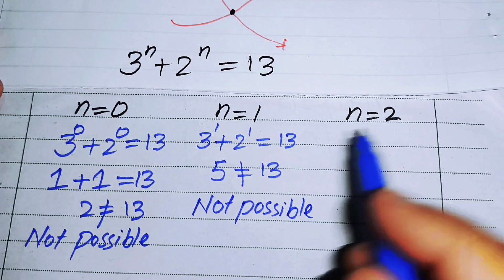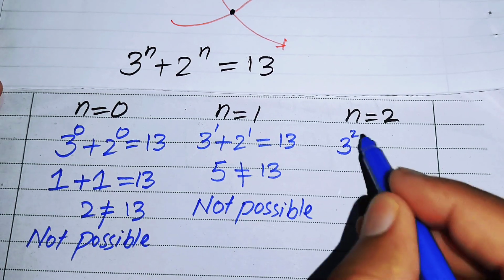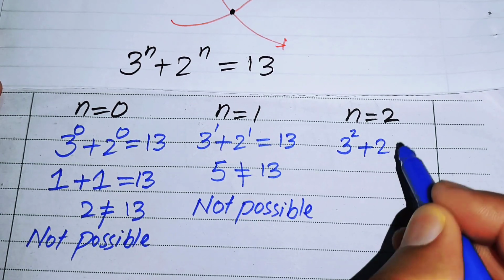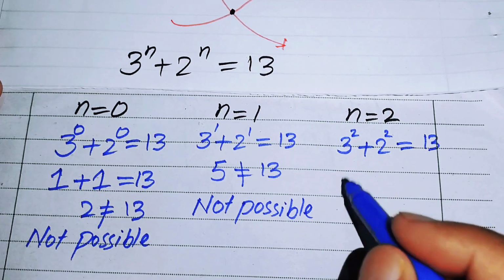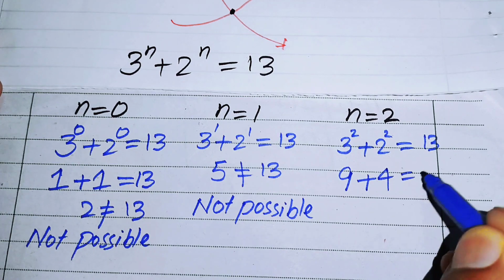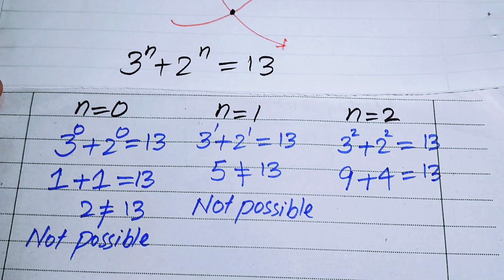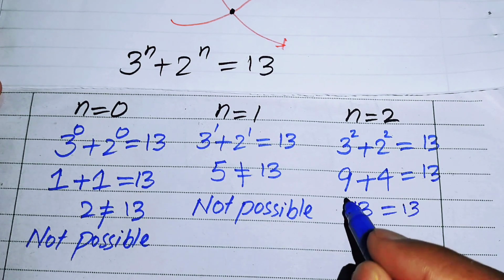And now we check at n is equal to 2. So at n is equal to 2 you will get 3 squared plus 2 squared is equal to 13, and 3 squared becomes 9, and 2 squared is 4, and 9 plus 4 is 13, so 13 is equal to 13.